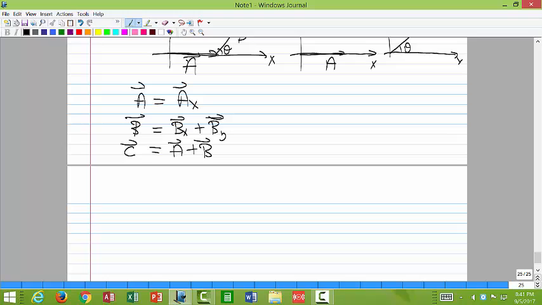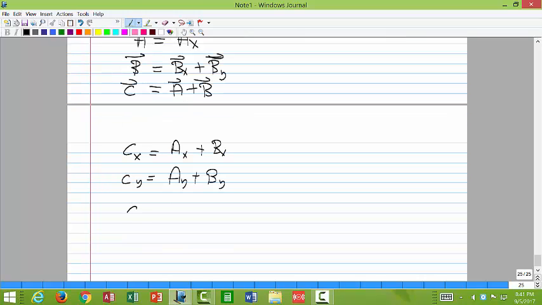We can say that the resultant vector C has the component x. So Cx is equal to Ax plus Bx, Cy is equal to Ay plus By. And so the magnitude of vector C is just the square root of Cx squared plus Cy squared, like that.